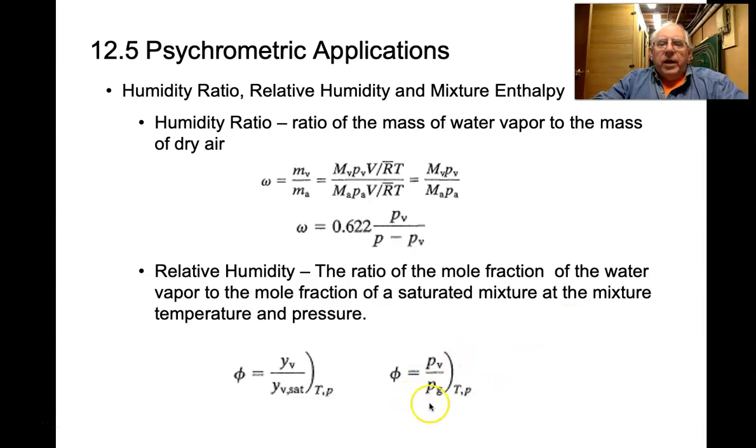The best way to think of it is this second term here: the relative humidity is the partial pressure of the vapor divided by the saturation pressure at the mixture temperature.